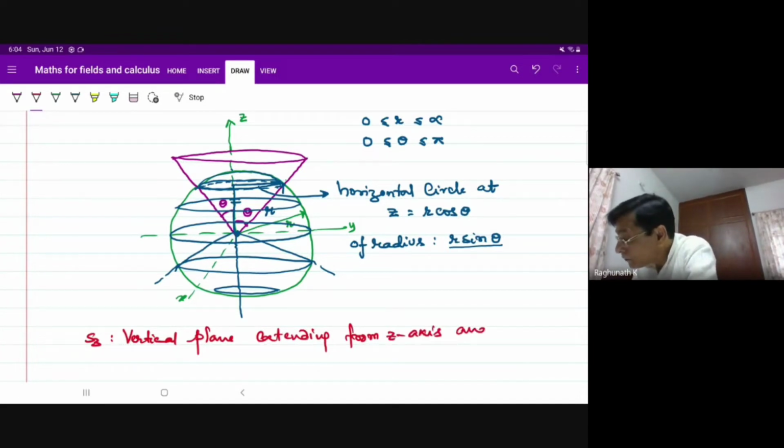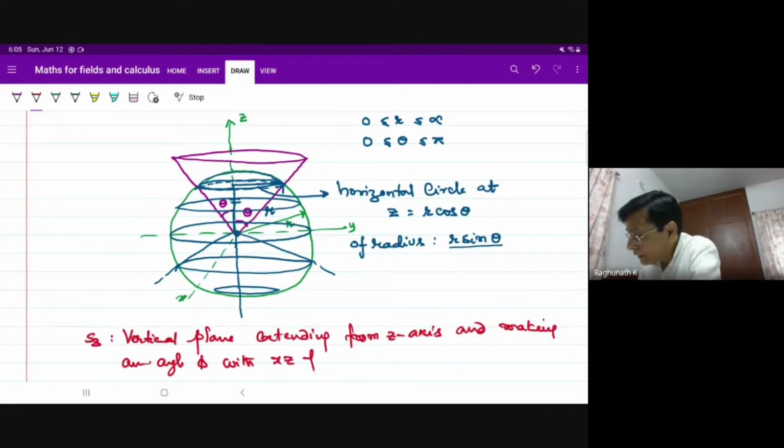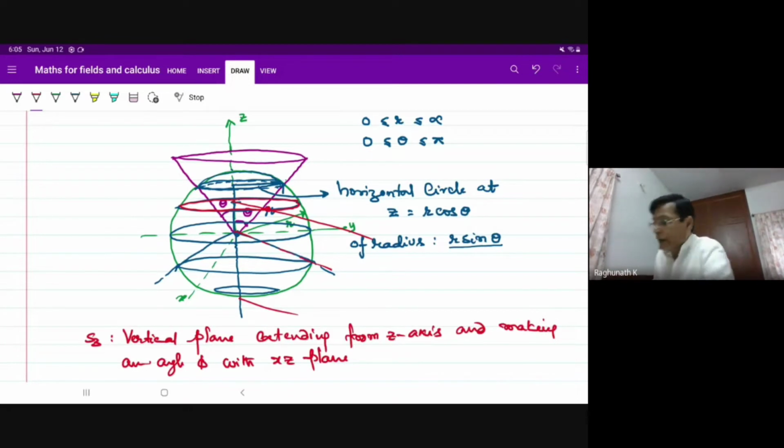And making an angle phi with the xz plane. Any circle, if I have produced this particular surface, I will cut it by a plane making an angle phi, so that I will come to that particular point of interest.